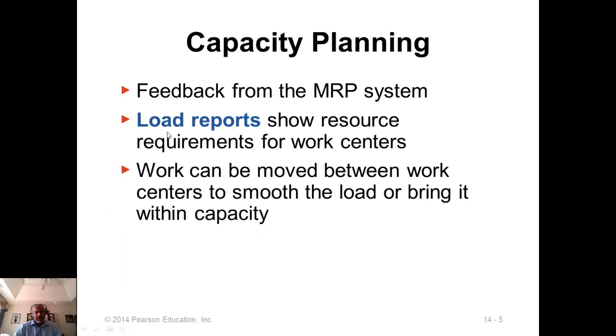Now we're going to look at how to deal with capacity problems when you have an MRP plan coming out and you don't have sufficient capacity. We saw one such case in the worked out example where we had an exception where 50 units were needed this week and we didn't have enough inventory to meet that demand. So when that happens, how do you expedite?